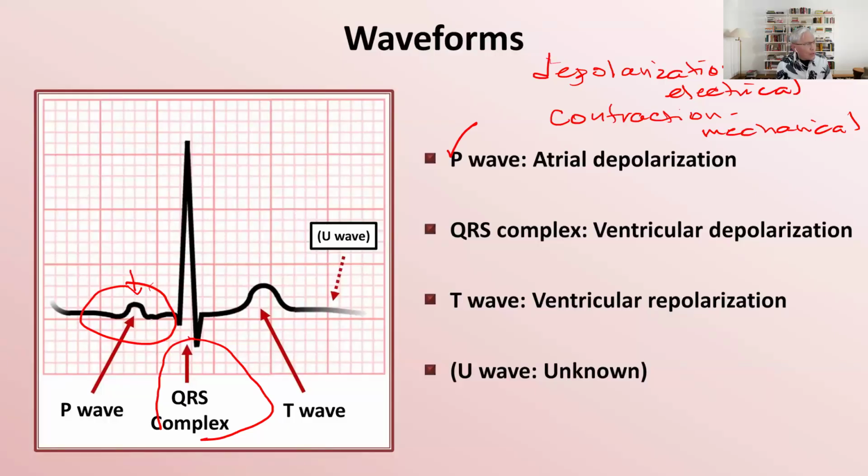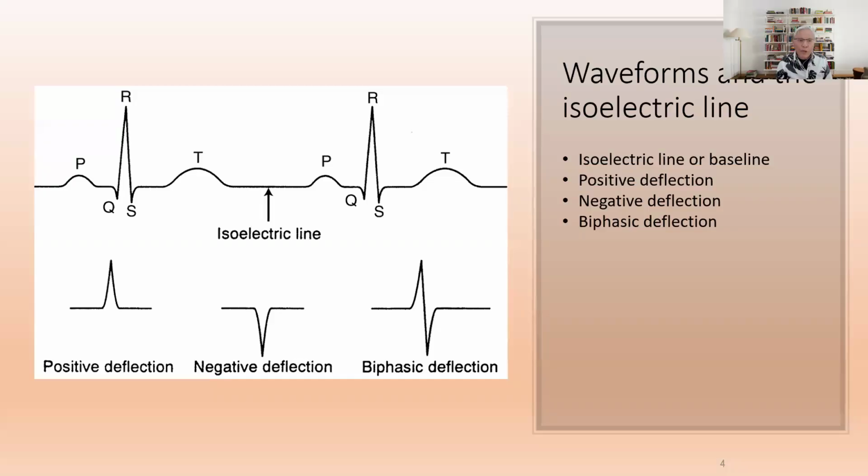Okay, so we have talked about the different waveforms. So let's now take a look completely at an electrocardiographic pattern to point out the most important things. Whenever we start an electrocardiogram and find the 0 point, this is what is called the isoelectric line, or also the baseline.